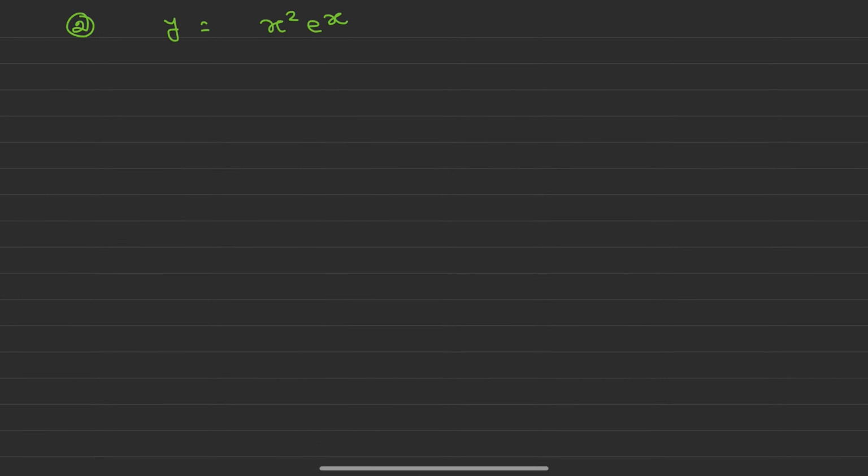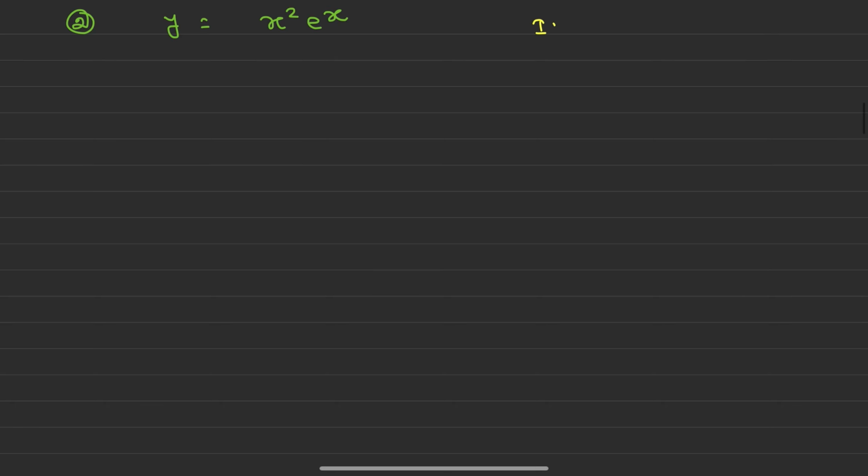In the next part you are able to see we are having two functions in a product. So you can think in this particular way. If y value is equal to u into v, we know dy by dx value will become equal to u dash v plus v dash u. So let us apply this one. You will say here derivative of the first function, that is derivative of x square, will become 2x.